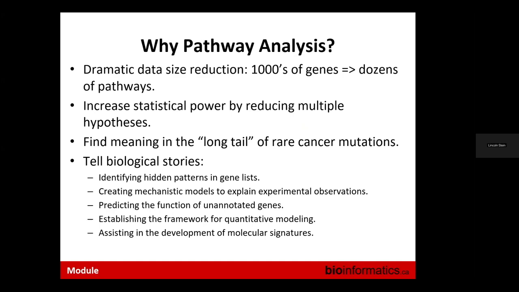By looking at changes at the pathway level, you're increasing your statistical power by reducing the number of hypotheses that you're performing. You may be able to find meaning in the long tails of infrequent changes in the data set. Here I use the example of rare cancer mutations, but it could be anything like genes which are infrequently altered in your system.